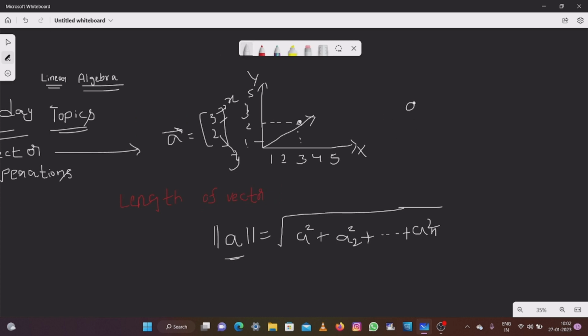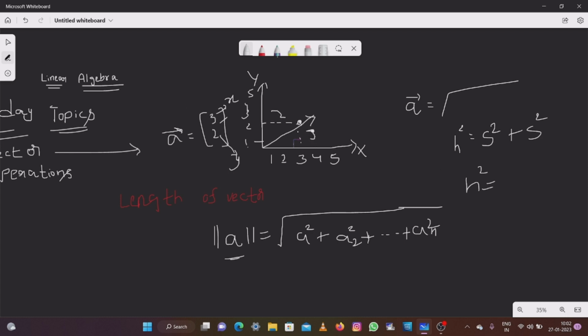Here, a bar equals the root, by using the Pythagoras theorem. Let's draw the Pythagoras theorem here and calculate this. The Pythagoras theorem says h square equals side square plus side square. Here one side is 3 and another side is 2.